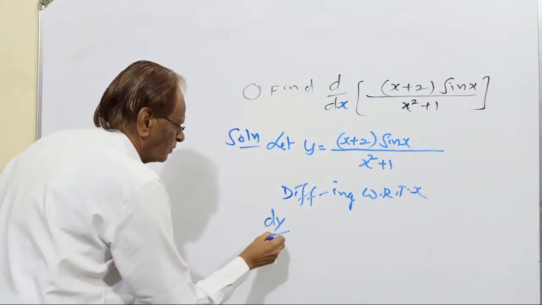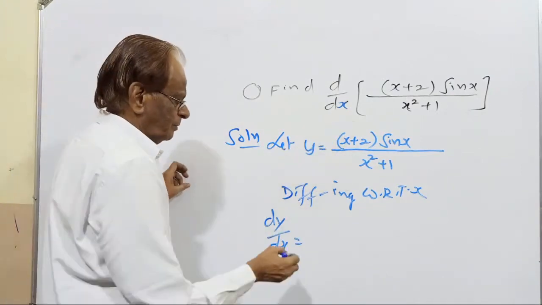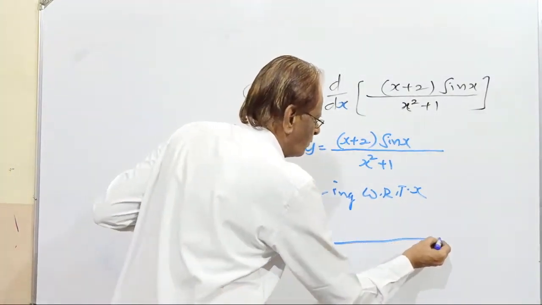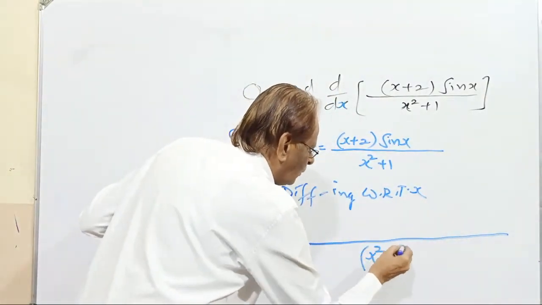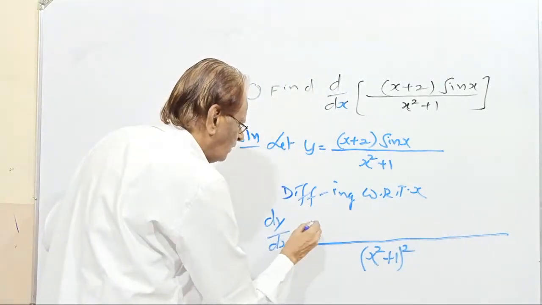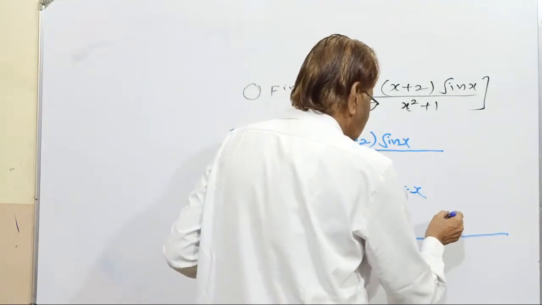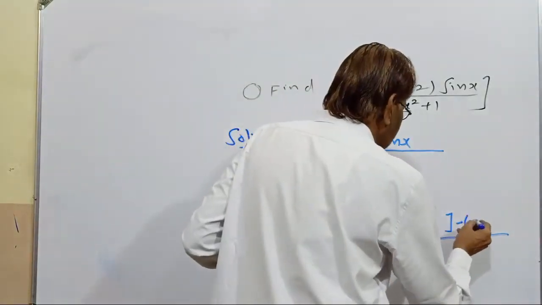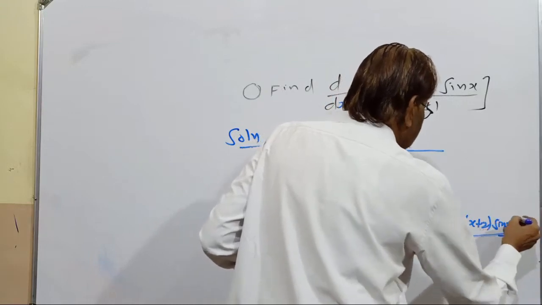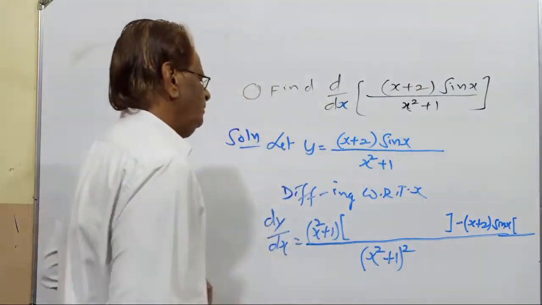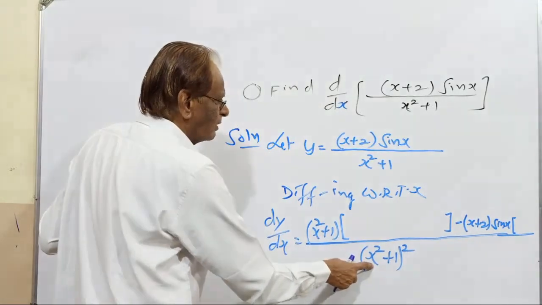dy by dx equals... first it is a quotient, so start differentiation by the quotient rule. Denominator as it is, differentiate numerator, minus numerator as it is, differentiate denominator, all over denominator whole square.